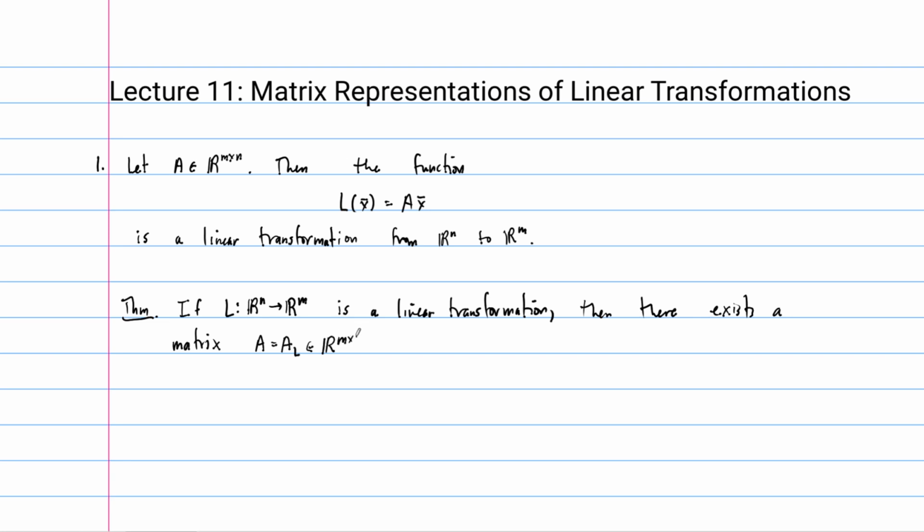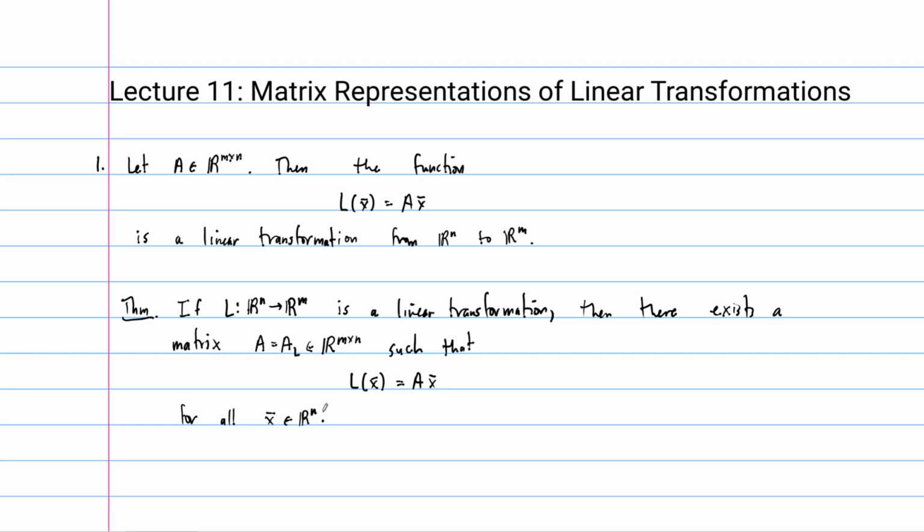This matrix is going to be an m by n matrix, and it obeys the property such that L of x, the linear transformation applied to a vector in Rn, is equal to A times x, and this is going to be true for all x in Rn.